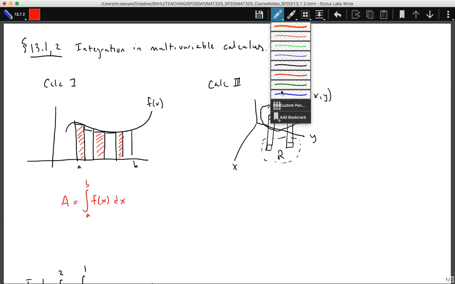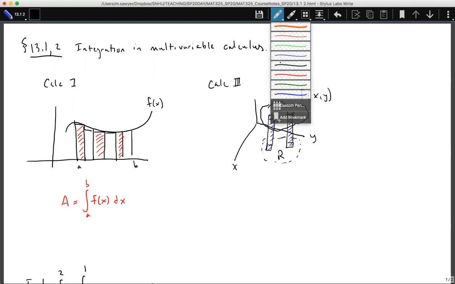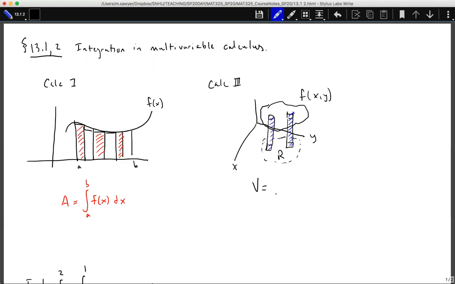In multivariable calculus, we have a similar idea. Given that we have a surface f of x y, we take rectangular solids, here indicated as blue, over a region R, and the volume is equal to the double integral over the region R of the function f of x y with respect to the area of the solids, where the little change in area we can think of as a little square with dy dx as a little change.